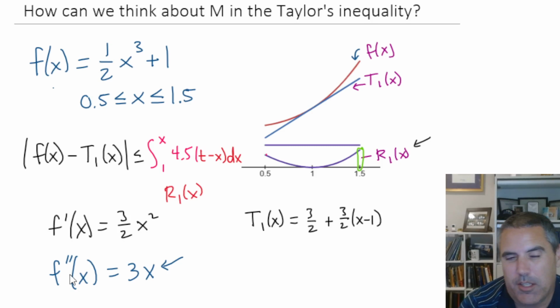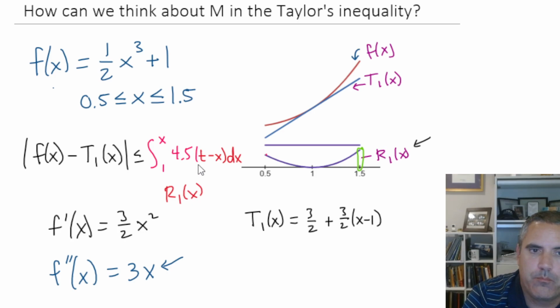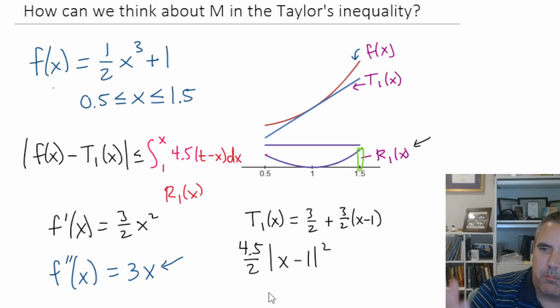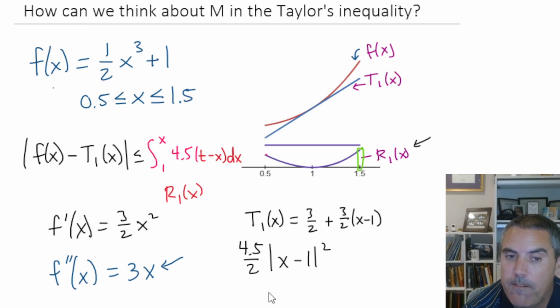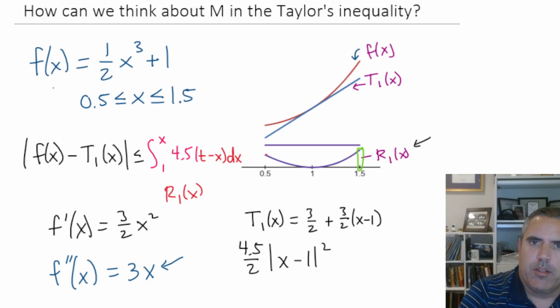And then we integrate, and that's where the 1/2 comes from in the square. And so we get this error bound of 4.5 over 2 times (x minus 1) squared. There's a bit to show in terms of getting from there to there, but that's the idea. And then we plug in the 1.5.